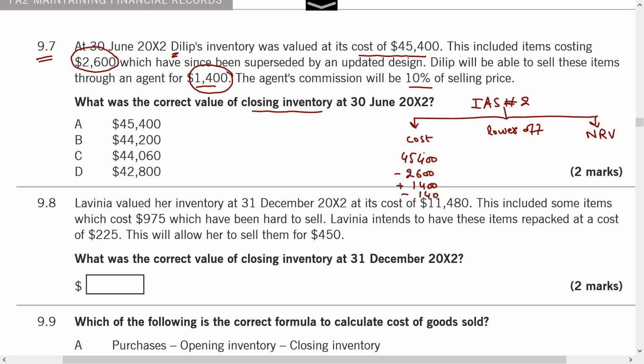So now if we sum up all of them, then our closing inventory will be 44060.